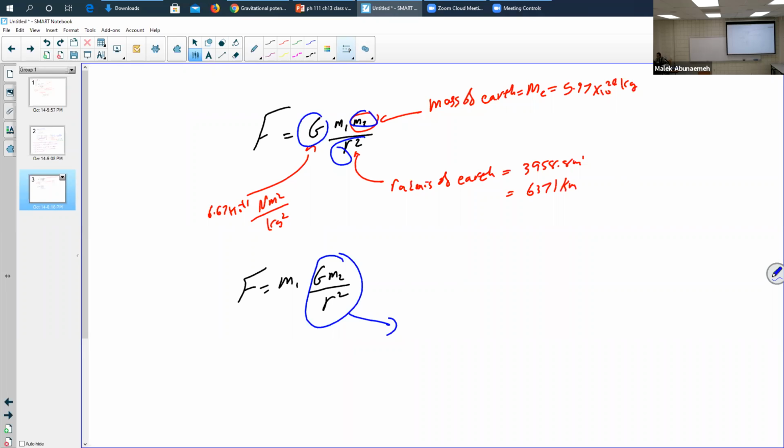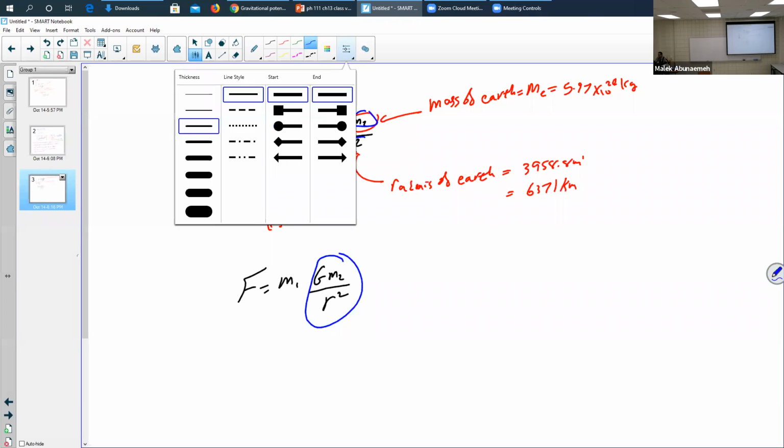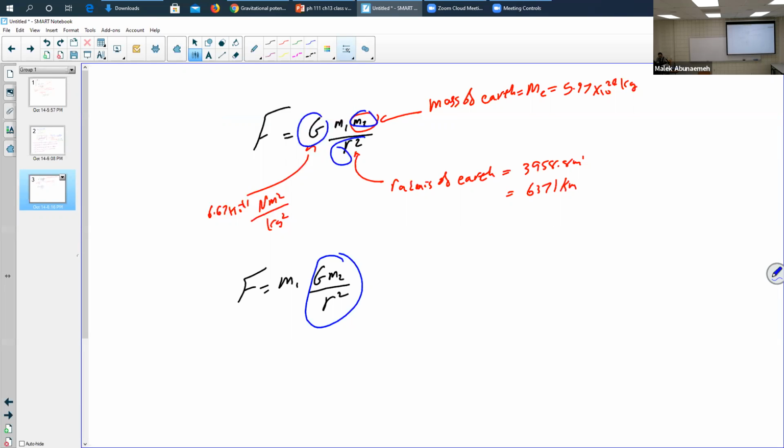Well, let's go ahead and calculate it. Your G M2 over R squared is your gravitational constant multiplied by the mass of the Earth, divided by your radius of the Earth squared.